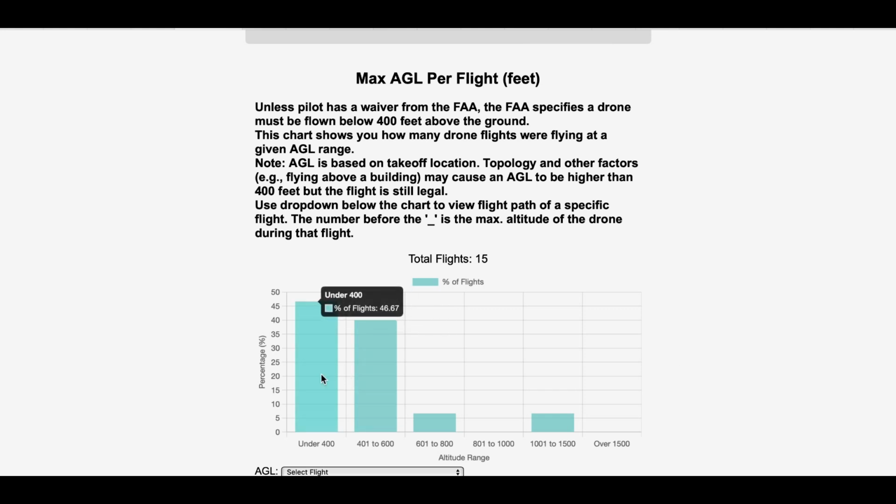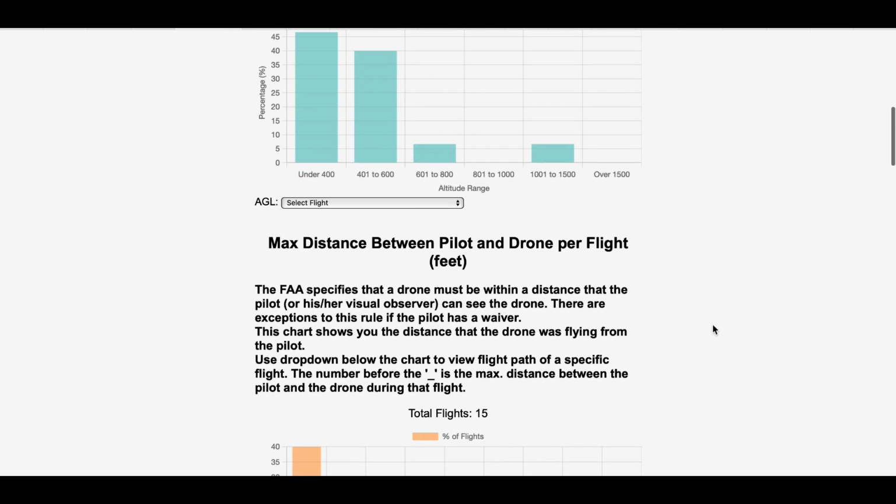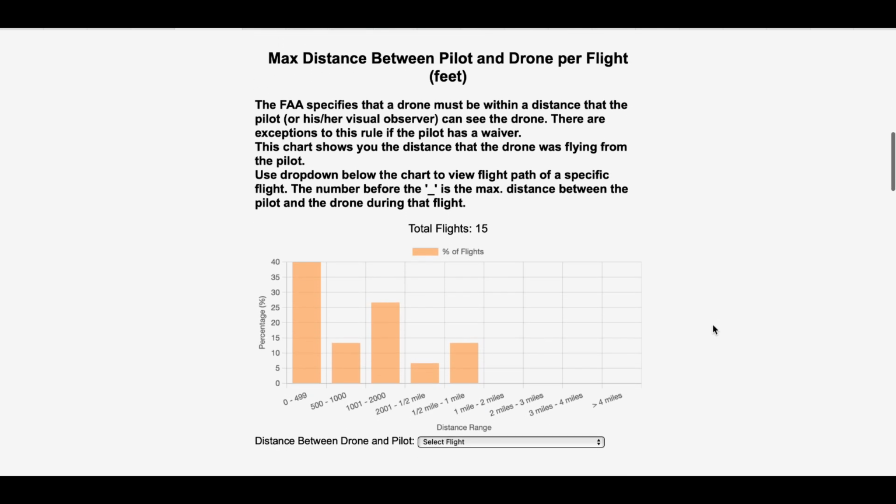So this shows the highest a drone flew for all of the flights, we had 15 flights we recorded, and as you can see, the various percentages. The next is the max distance between the pilot and the drone per flight. And again, I'll just let you look at the various percentages.